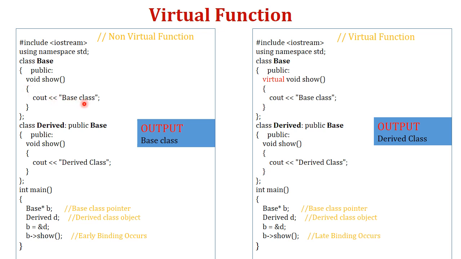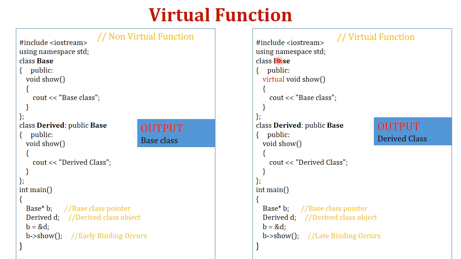If you want to print the derived class message from the derived function, here we are going to make the base class function a virtual function. How are we going to make the base class function a virtual function here? We'll discuss now. Again the same code here. Now, instead of writing only void show, in the prefix we add the new keyword virtual.